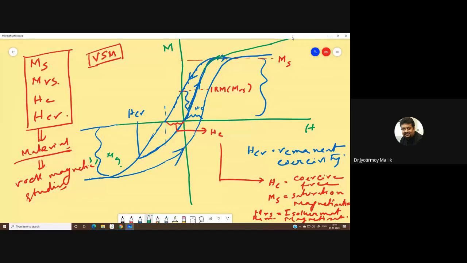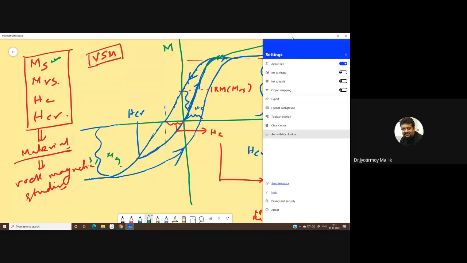It actually keeps on shooting up, and then you have to correct for the paramagnetic component to find out your MS. But MS, MRS, HC, and HCR are 4 different parameters that you calculate from a hysteresis loop, and which we will use later on for our purposes.